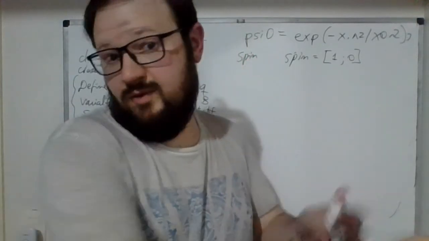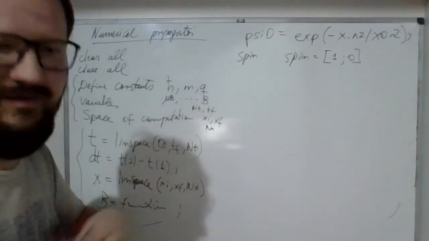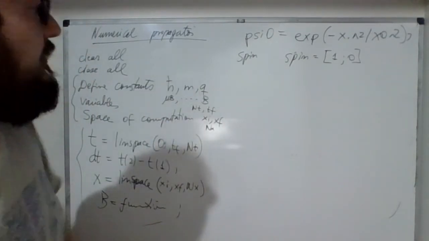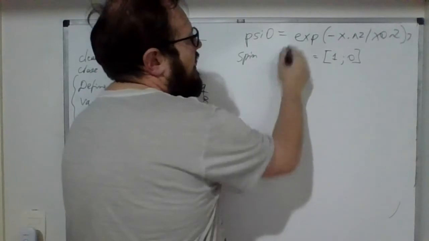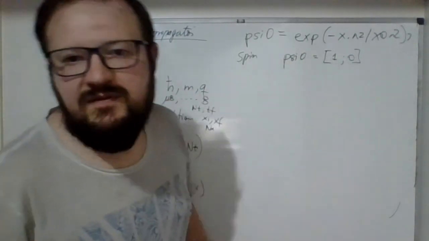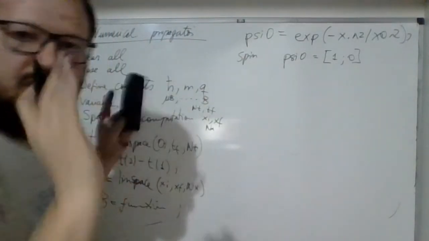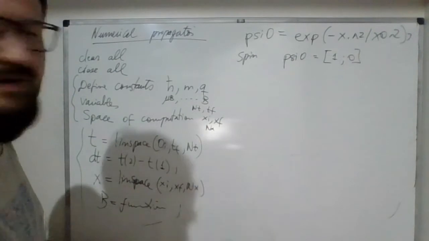But you can have a Hamiltonian which depends on time, so this spin will precess and anything can happen there. So your psi here, your initial function, is just a two-component vector, a Pauli spinor, all right? You define what is your initial state, your initial vector.